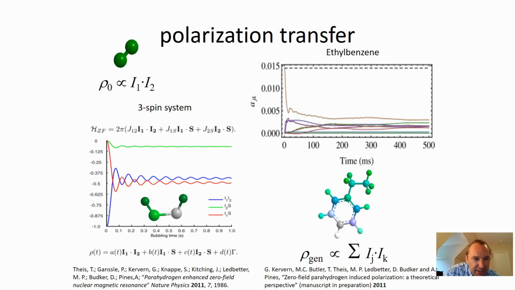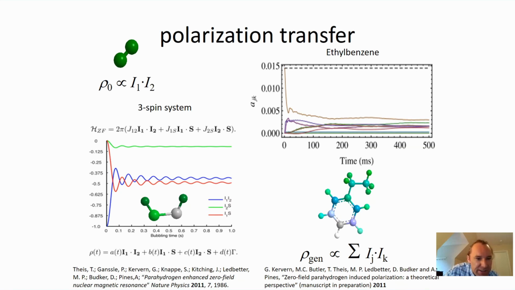Notice the colors here, please. The blue is the singlet state that we start out with. The green is a singlet state between 1 proton and the carbon-13, and the red is the singlet state between the directly attached proton and the carbon-13.